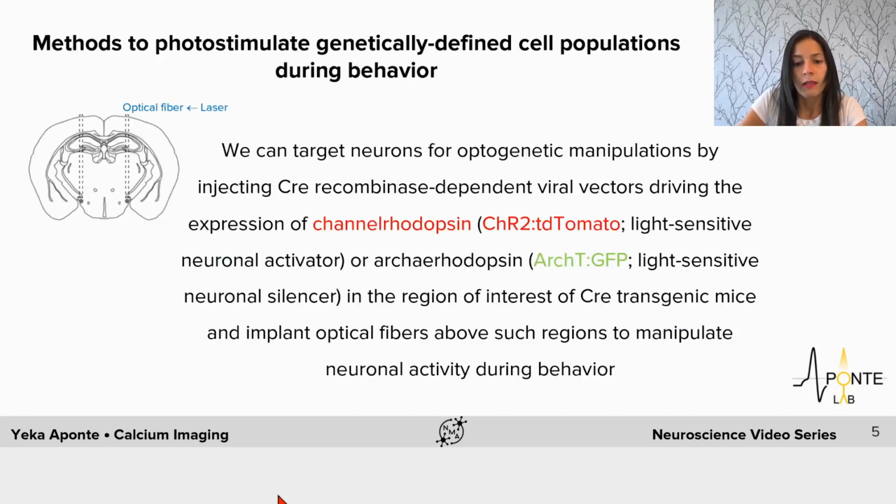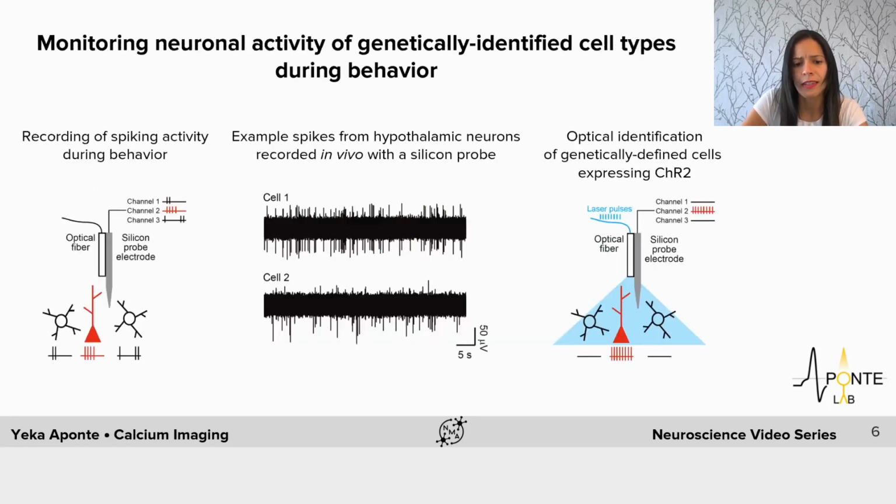So we also developed a system that allows us to deliver light deep in the brain. For that, we implanted optical fibers above the region of interest and delivered light pulses with millisecond precision using a laser. Furthermore, it is also possible to combine traditional electrophysiology methods with optogenetics to record spiking activity from specific cell types during behavior.